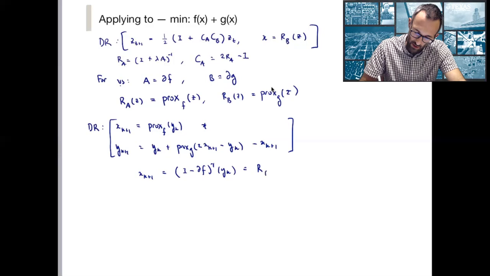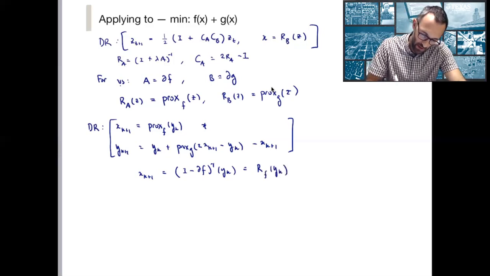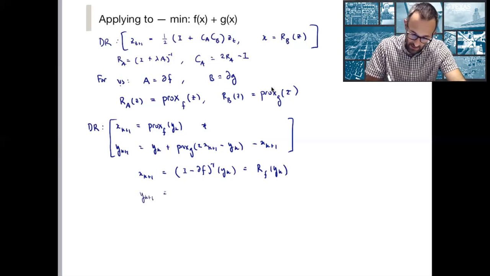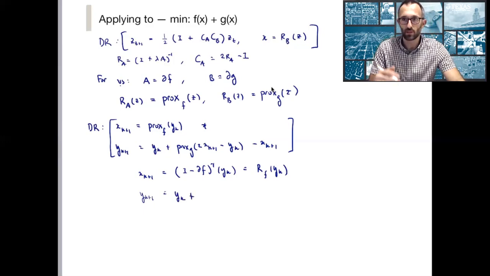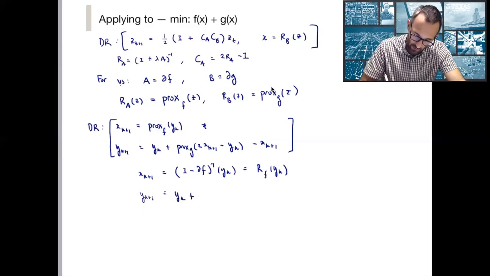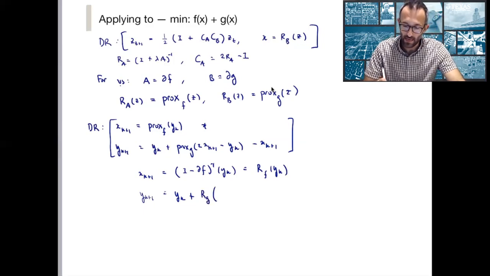This is exactly R_f of y_k, and y_{k+1}, plugging this in, is exactly equal to y_k plus prox. Remember, prox is the resolvent with respect to g, so instead of writing prox g, I'll write R_g. And where is it evaluated? At twice x_{k+1}. x_{k+1} is R_f of y_k, so I've got twice R_f.